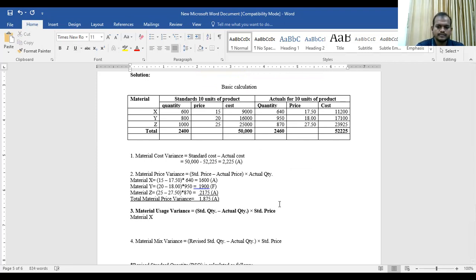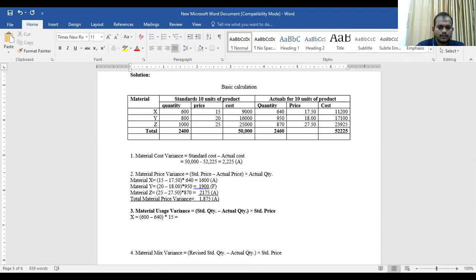Material X. Standard quantity 600, 640 into standard price 15. Into 20.